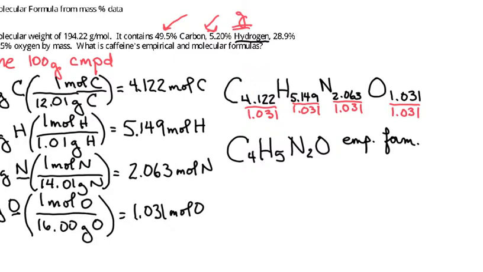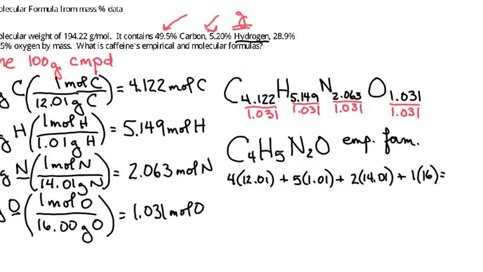The empirical weight is what the molecular weight is for this compound. So 4 times 12.01 plus 5 times 1.01 plus 2 times 14.01 plus 1 times 16 gives us an empirical weight of 97.11 grams per mole. Again, that is the empirical weight.